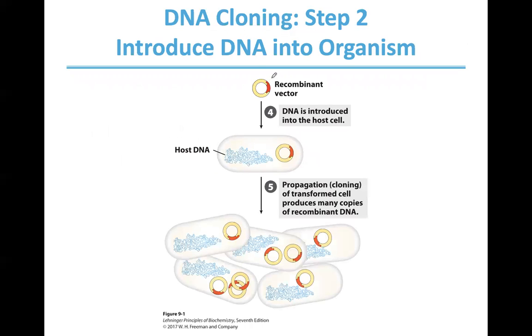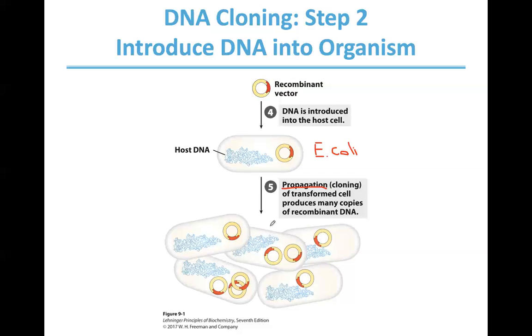So we're going to take our recombinant vector that we put together through the consecutive use of endonuclease and ligase, and we're going to put this in the host, for example, E. coli, right? Bacteria. And so this plasmid can be replicated by itself in a process known as propagation, right?